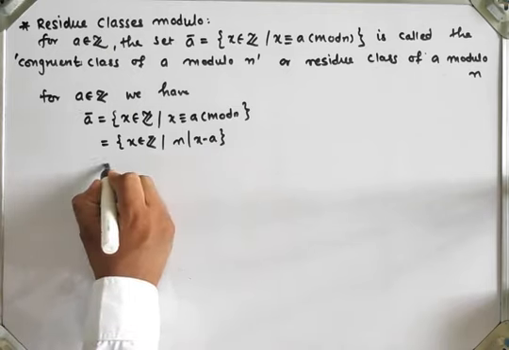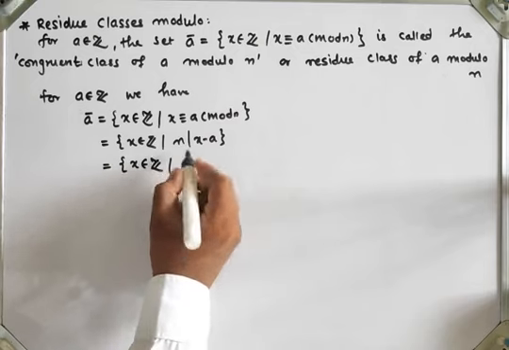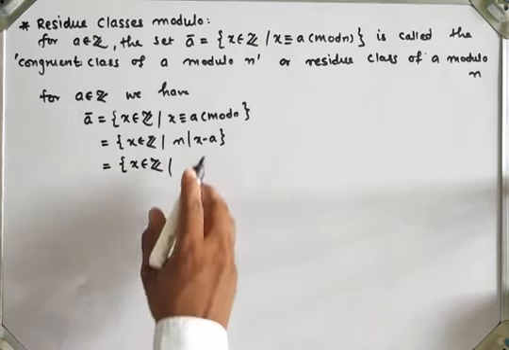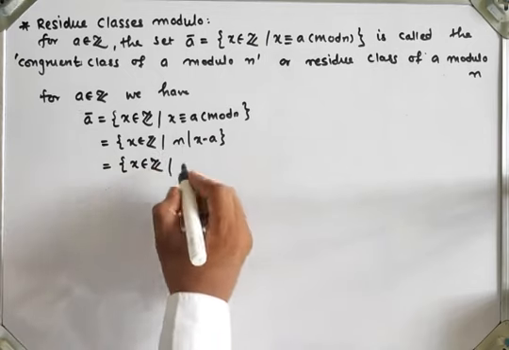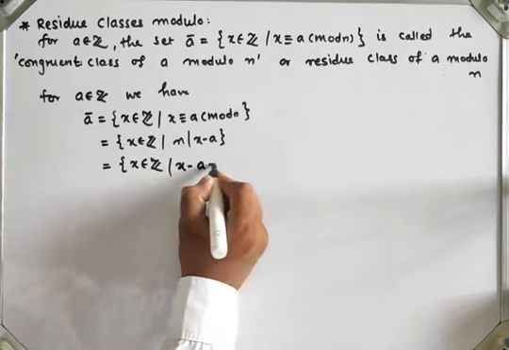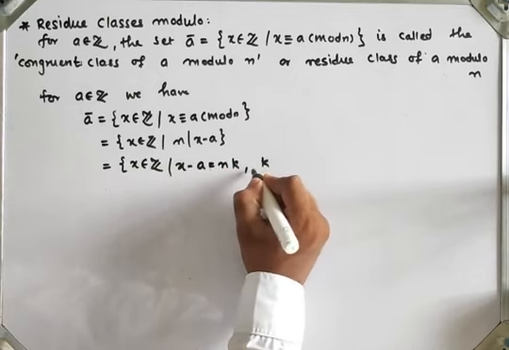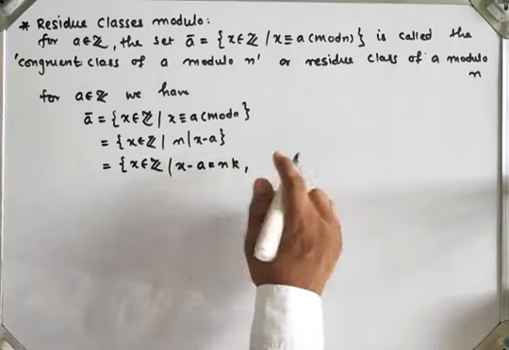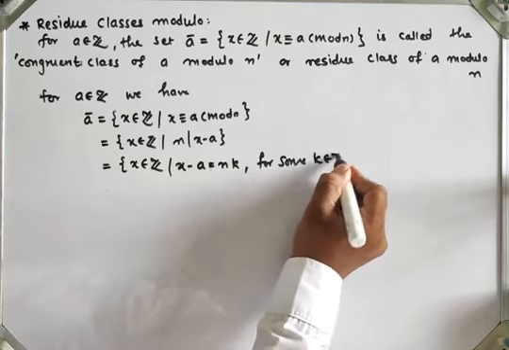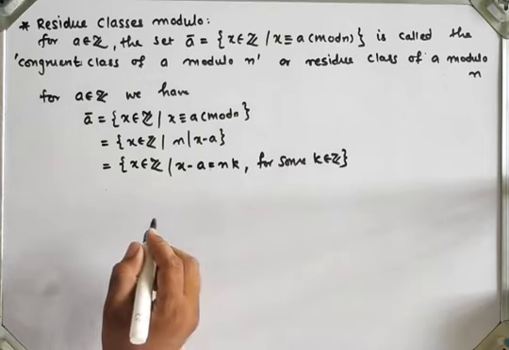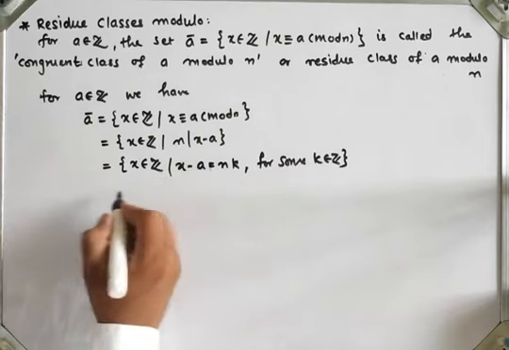Then by using the definition of divisibility, what will we get? x belongs to the set of integers such that if n divides x minus a, then x minus a is equal to n into some k, for some k belonging to the set of integers. Here I will take minus a to the right hand side.